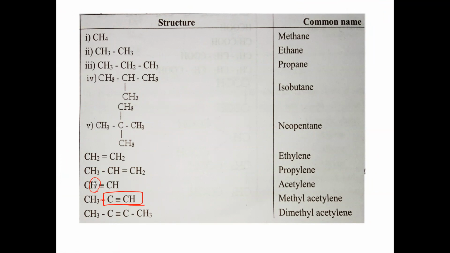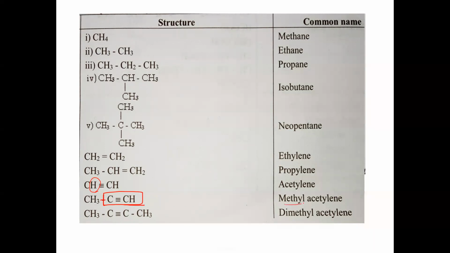In the place of this hydrogen, CH3 is substituted. Then we got CH3 bond C triple bond CH. On the carbon atom of the acetylene molecule, a methyl group is present. That's why, as the methyl group is present here, it is called methyl acetylene.